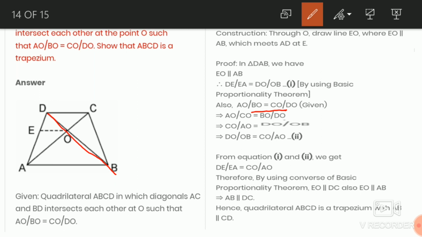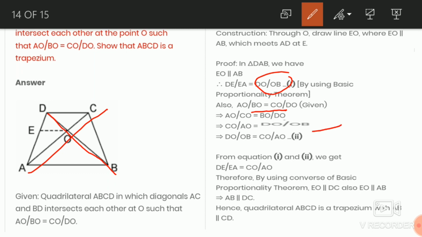And we have another line AC right over here, whose parts are OC and OA. So since OD and OB are together in equation 1, we will try to bring AO and OC together in the next step. That's why we are bringing OB and OC to the opposite sides.